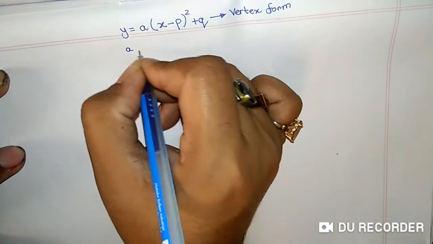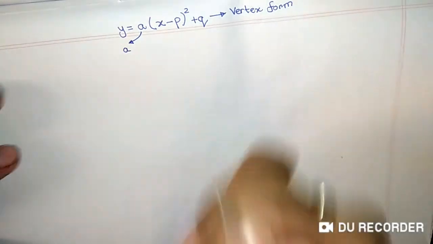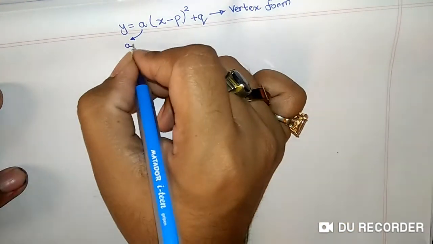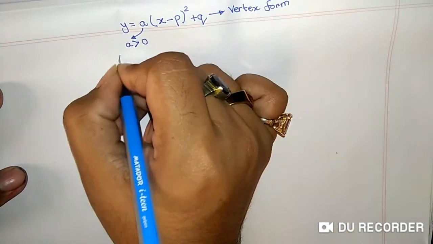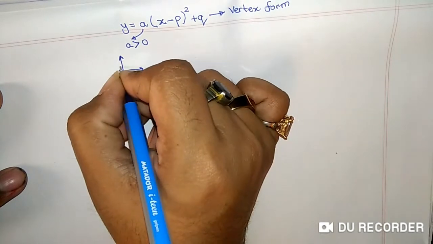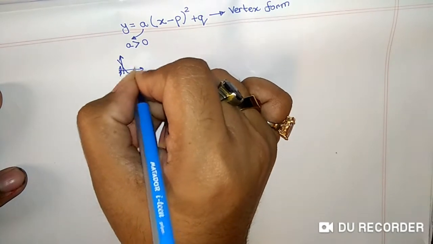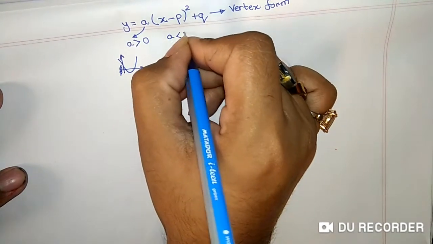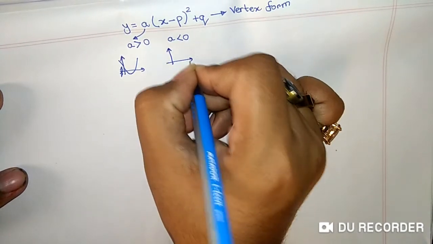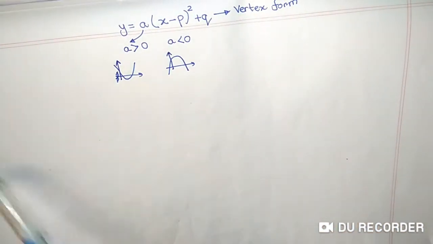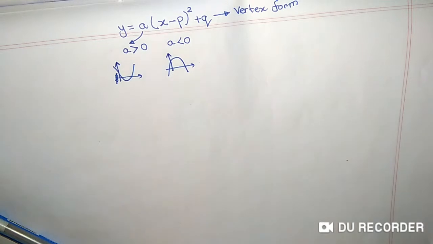By looking at the value of a, you can determine the shape of the graph. If a is greater than 0, the graph is going to be a minimum graph. If the value of a is less than 0, the graph is going to be a maximum graph. So make sure you note down the value of a as soon as you see a problem.